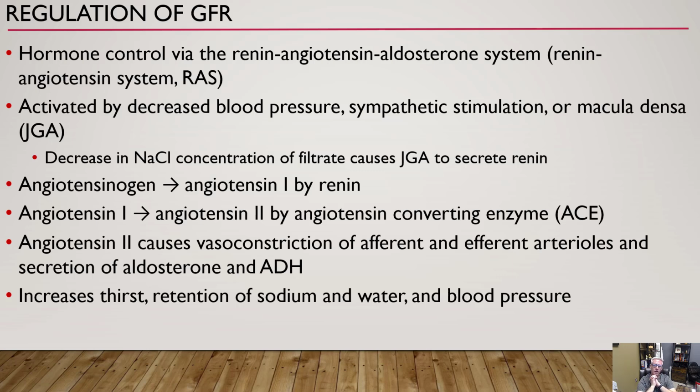Then we have to convert angiotensin 1 to angiotensin 2 by this enzyme called angiotensin converting enzyme, or ACE. And this angiotensin 2 causes vasoconstriction of the afferent and efferent arterioles, as well as the secretion of aldosterone and ADH.